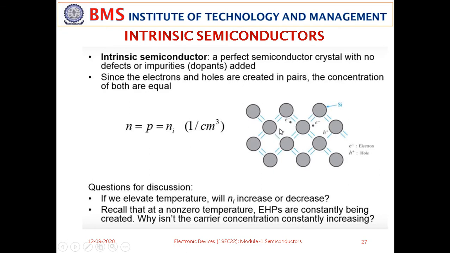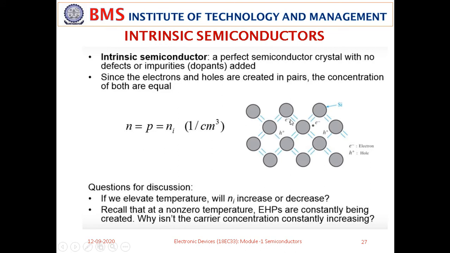Now this empty position, where a line is missing, shows the presence of a hole. No line means there is a hole. The hole is the empty state between these two silicon atoms, and it made the electron free, which has moved to the conduction band.